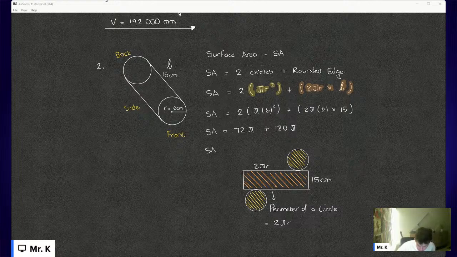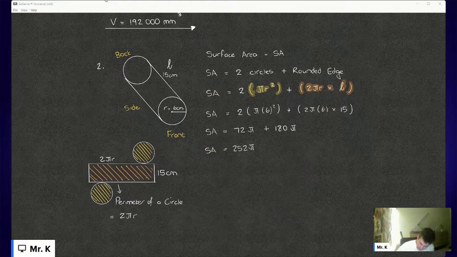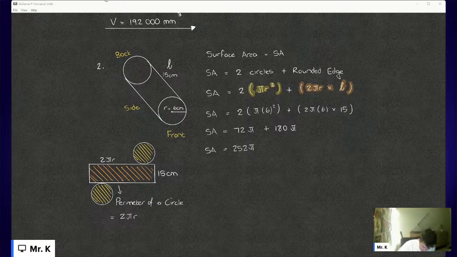So, when we finalize everything, we have a total of 252 pi, which is approximately equal to, and you can then use your calculator, 791.68.